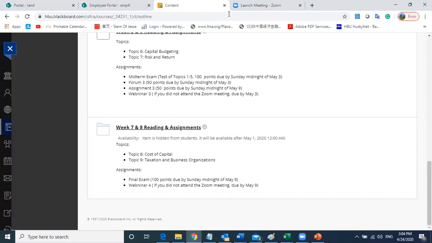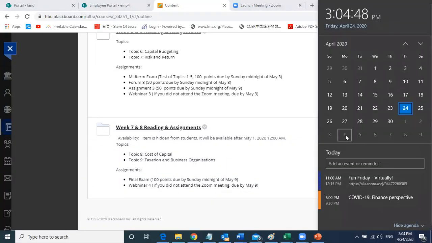If you are planning to graduate in May this year, you will have to get all your grades into the university by May 4th, which is next Monday at 1 o'clock. That is for graduating seniors.